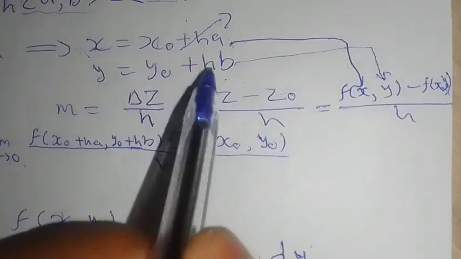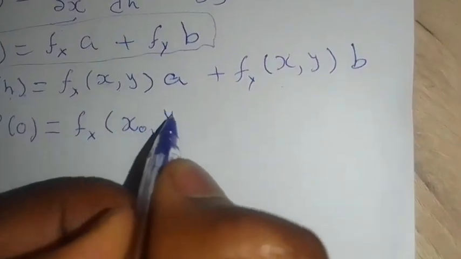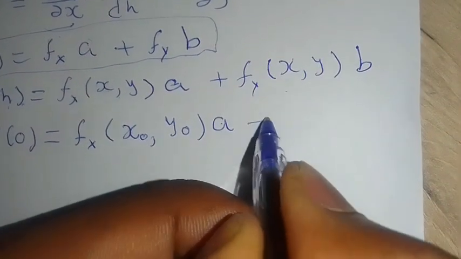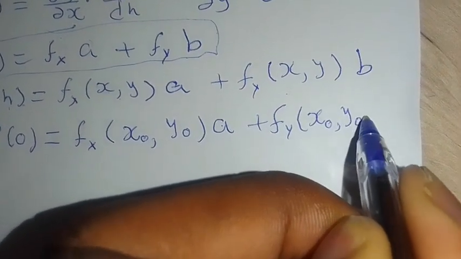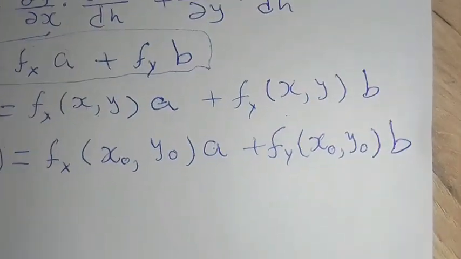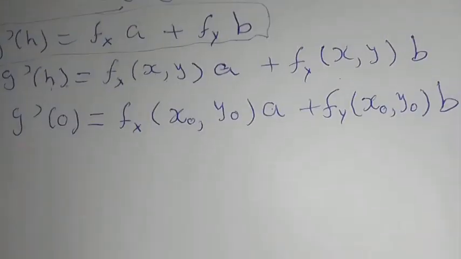What happens to y when h goes to 0? This term goes, and then you just have y naught. So then you just have (x naught, y naught) multiplied by a, plus the partial of f with respect to y at (x naught, y naught), like that. And then you just have this. So that's what we have, which is basically simple really.